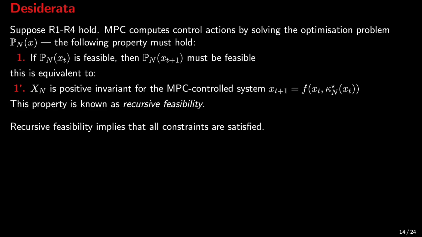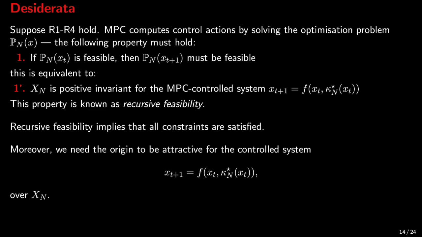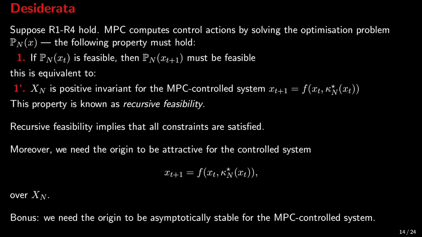In addition, we need the origin to be attractive for the MPC controlled system. And we need it to be attractive over the set of feasible states X_N. It is a bonus to require that the origin be asymptotically stable. So this is kind of a luxury. We might have it, we might not have it.